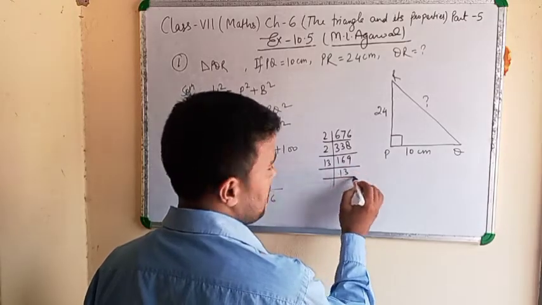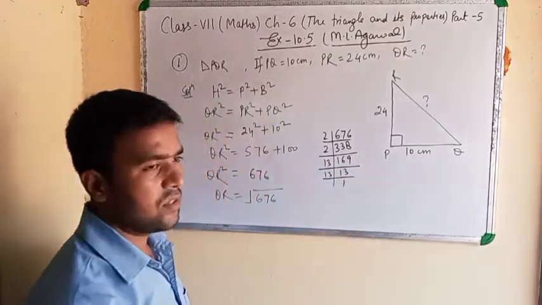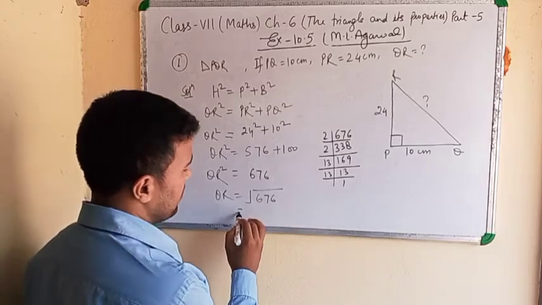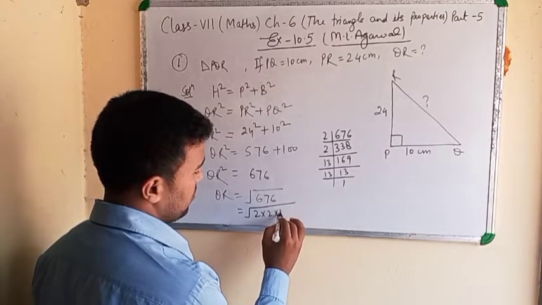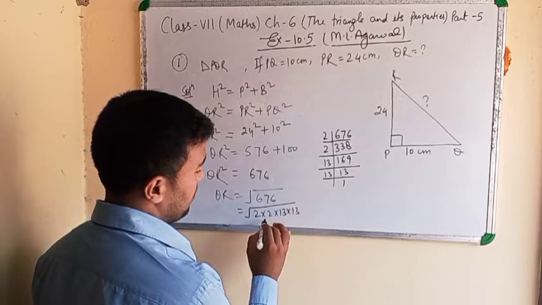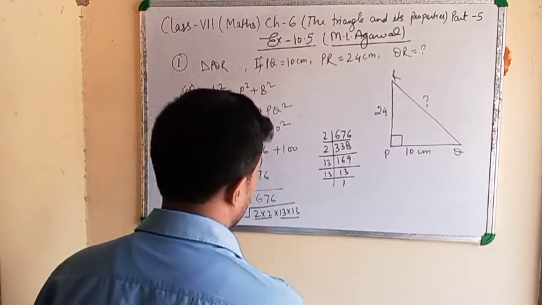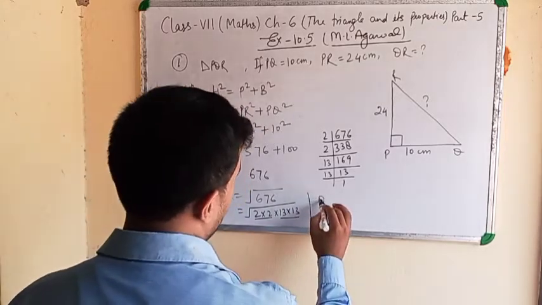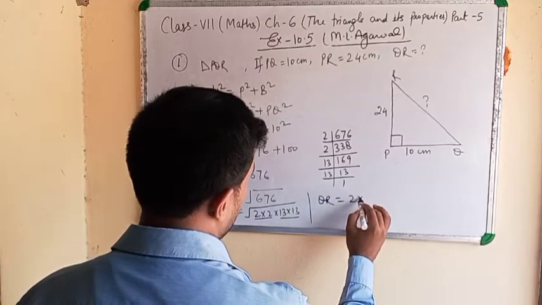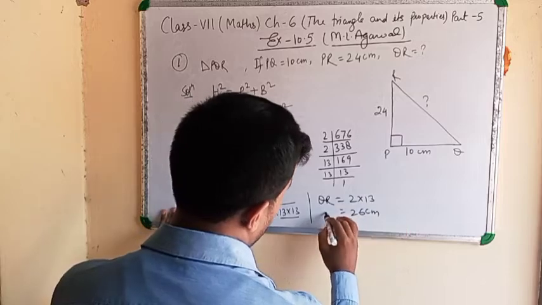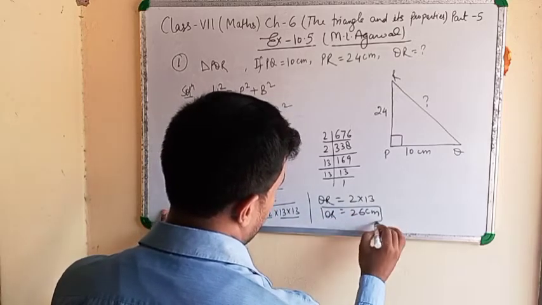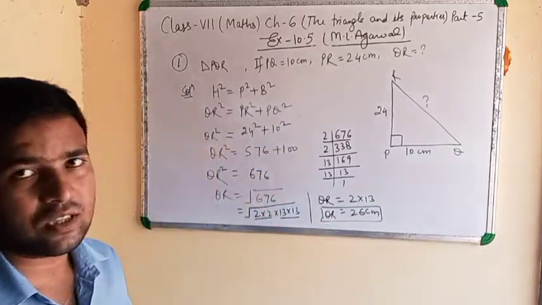This is the LCM of 676. We will write here 2 into 2, 13 into 13. One pair of 2, one pair of 13 given. QR equals 2 into 13, which means 26 centimeters. QR equals 26 centimeters.